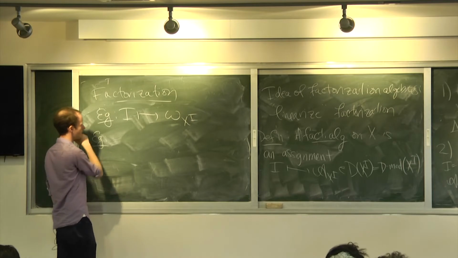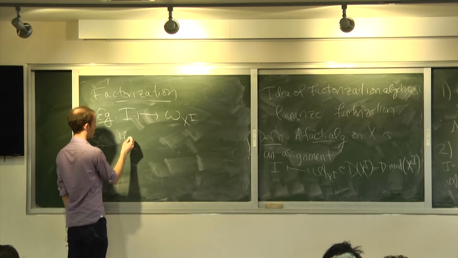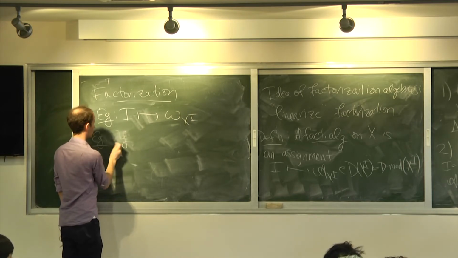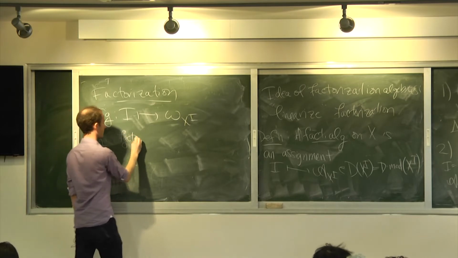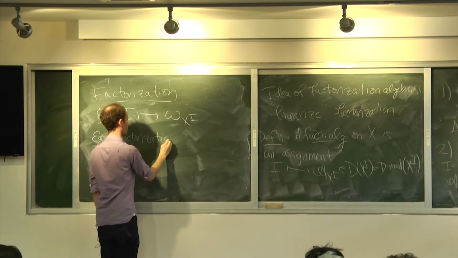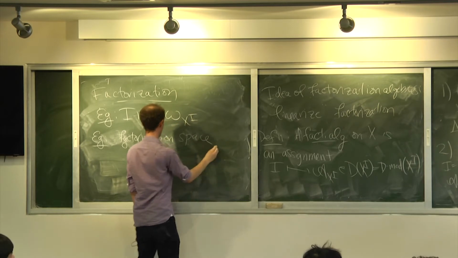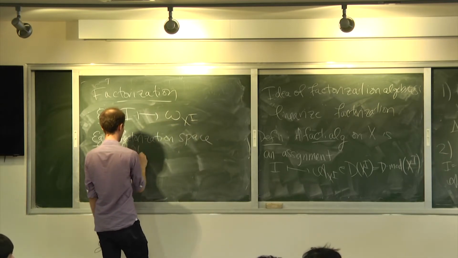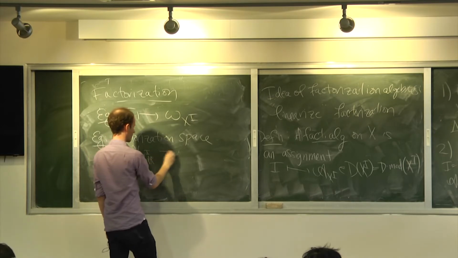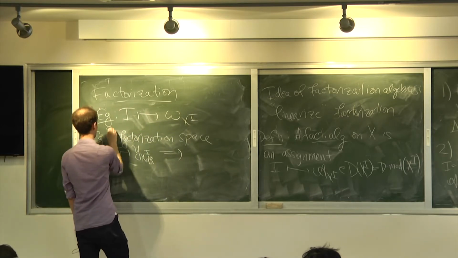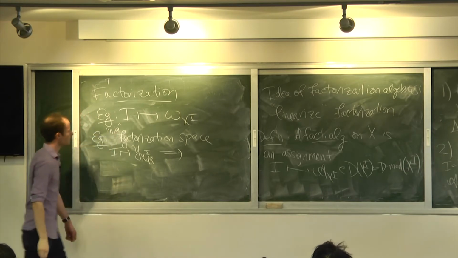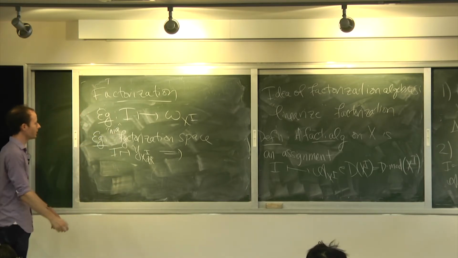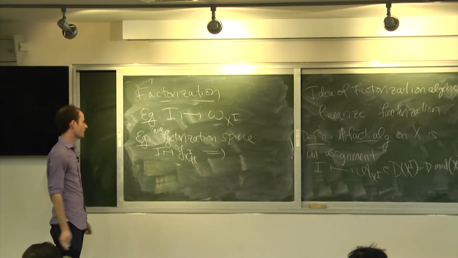Another example is that if you have some nice factorization space, so this means lots of things should be in schemes. In particular, I'm really thinking of the affine Grassmannian here.